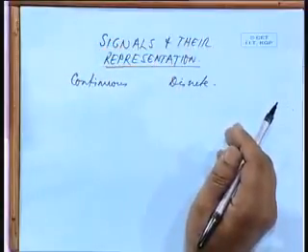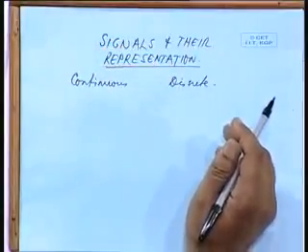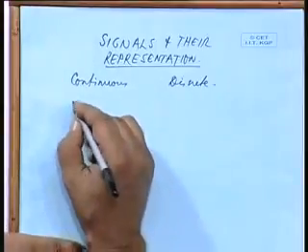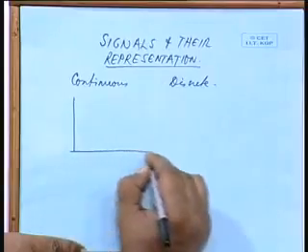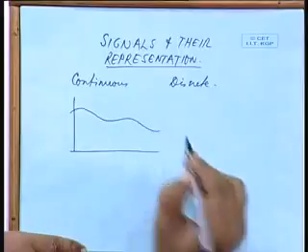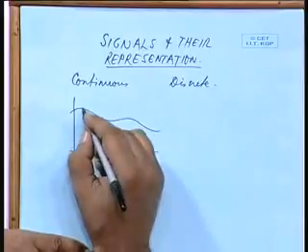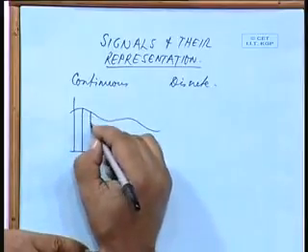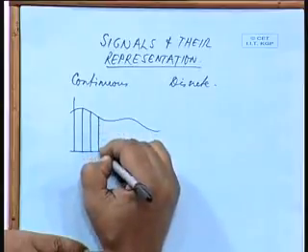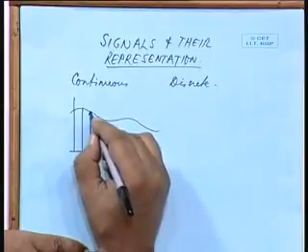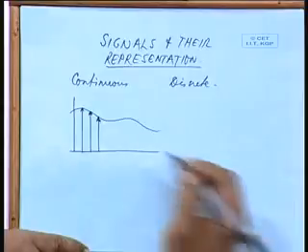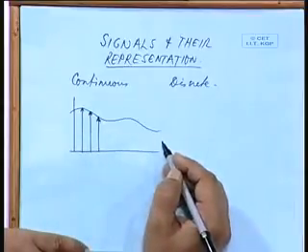The discrete signals are, say this is a continuous signal, and if we take the values recorded at regular intervals, this will be the discretized version.